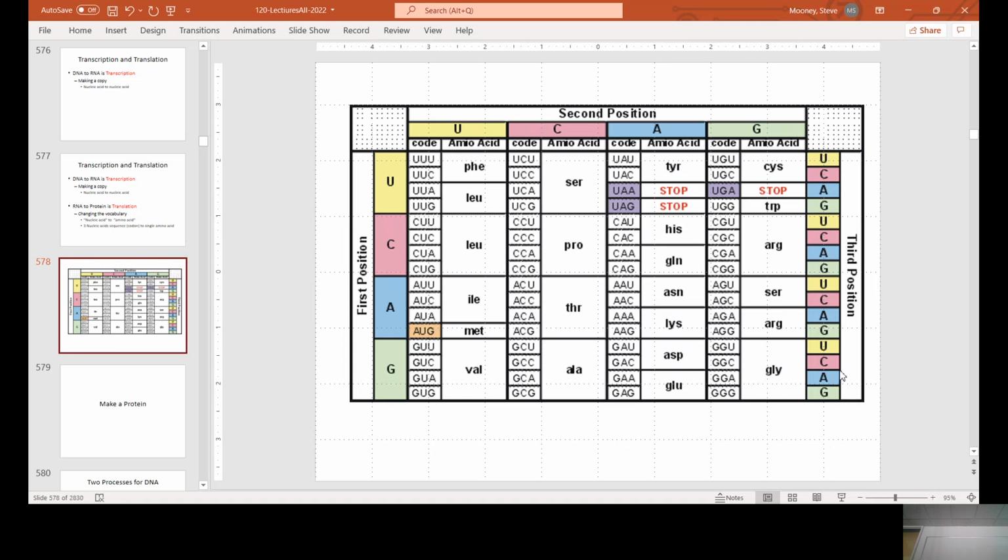This column, guanine in that second position. Then we go over and we talk about the third position and things get a little bit more complicated. We're going back to rows. So this row, we've got uracil in the third position. This row, we've got cytosine in the third position.